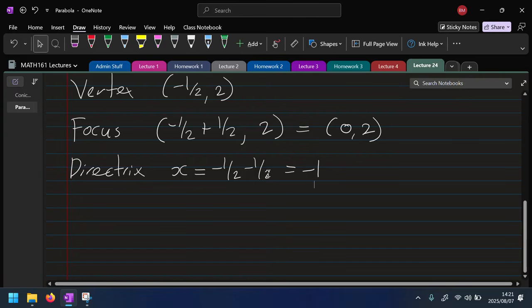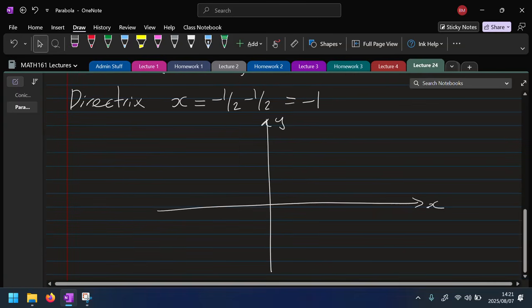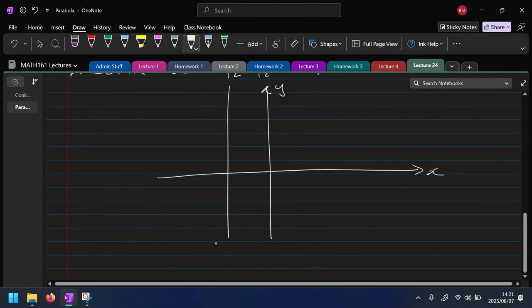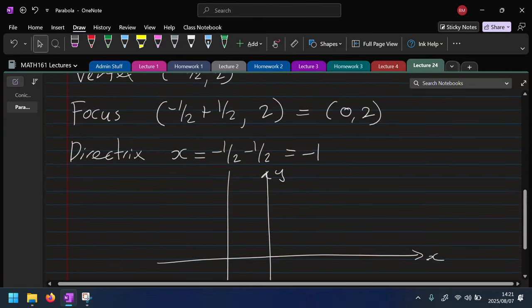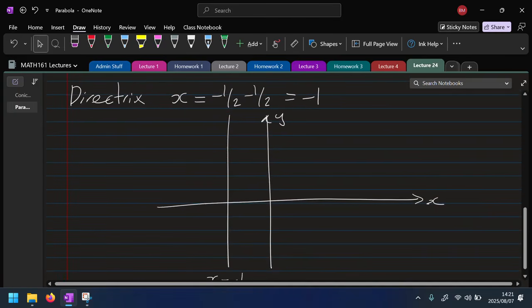Okay, with this information here, we can then sketch. So let's set up our axes. The directrix is at minus 1, so let's put that in. What about the vertex? That was minus a half, 2. So that's in between those 2 lines, up a bit.